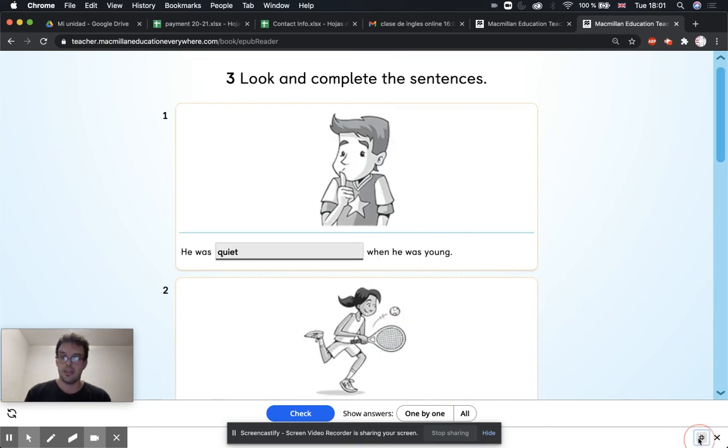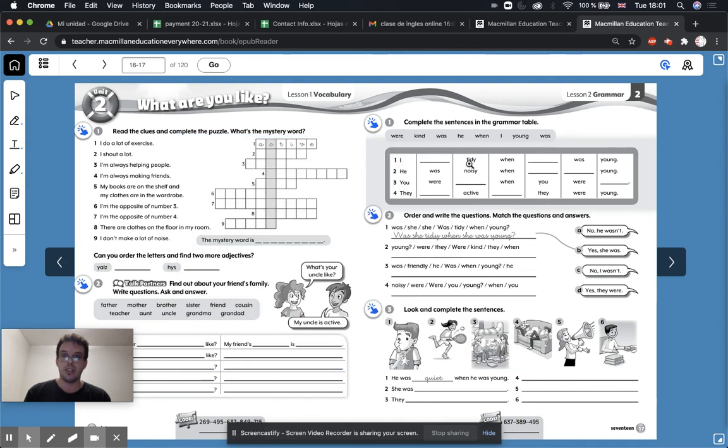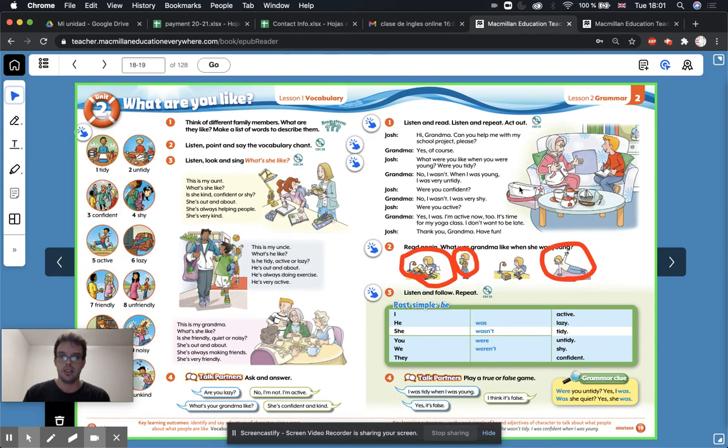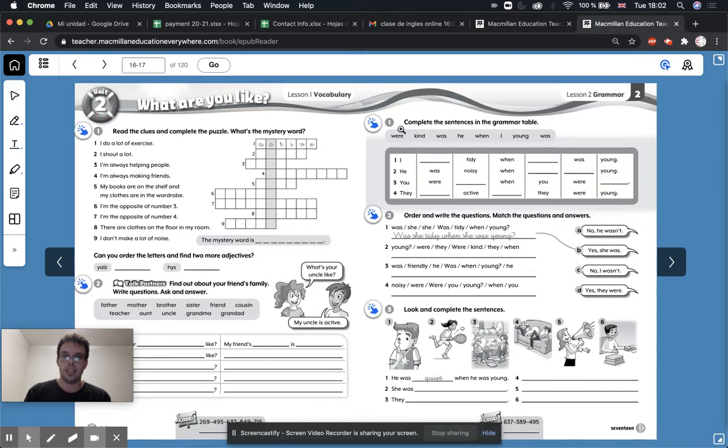All right. Very good, everybody. So now, to recap, we should have this exercise finished in the student's book, and then page 17 in the activity book we should have exercises 1, 2, and 3 all finished. Remember, you can always go back and look again at the video, okay, to revise.